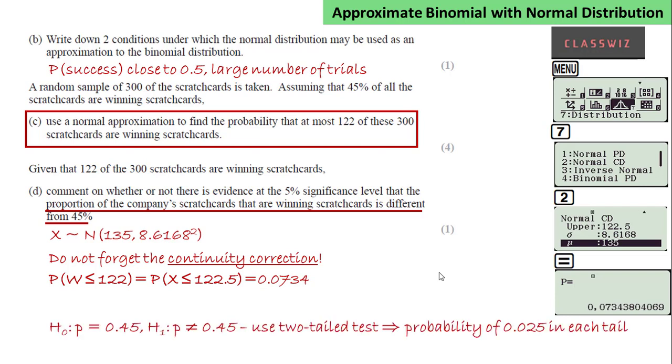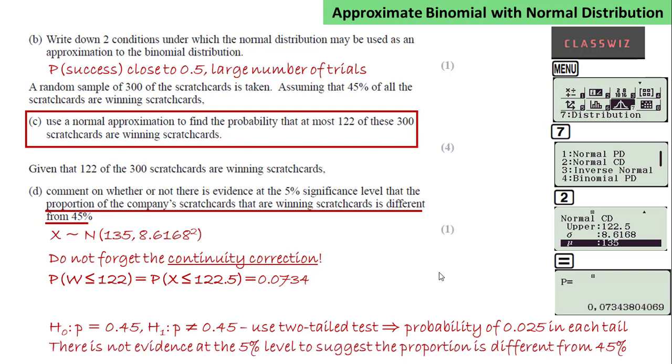Here we would have had a null hypothesis that the probability of a winning card was 0.45, an alternate hypothesis that it was different from 0.45, which would mean we'd use a two-tailed test with a probability of 0.025 in each tail.